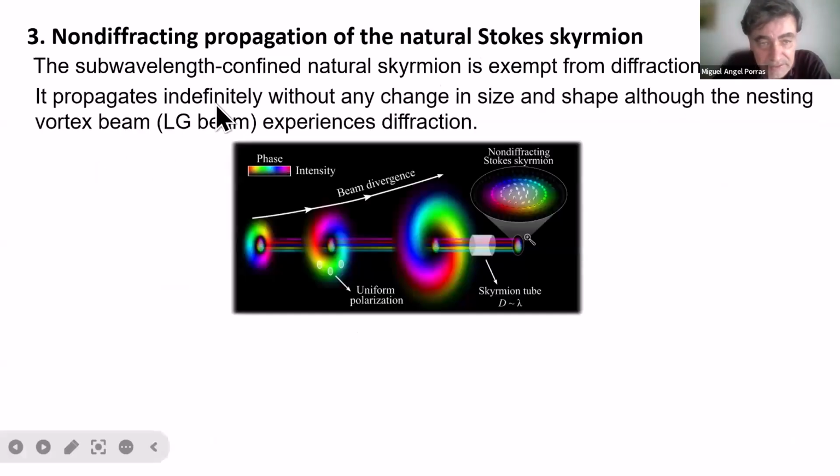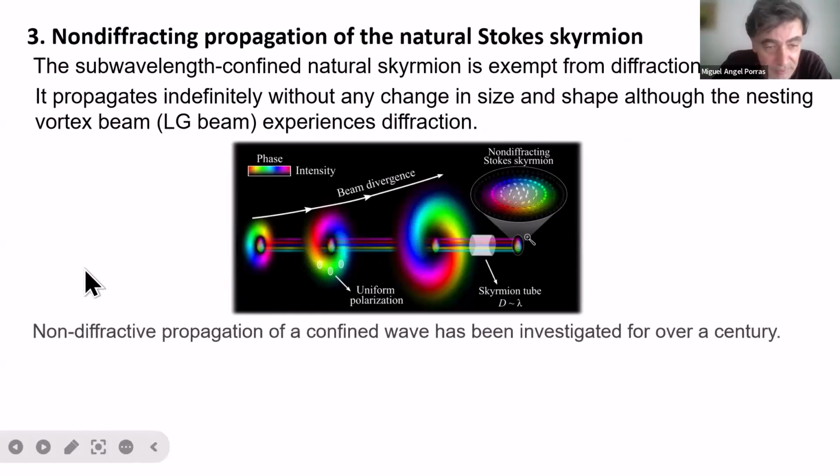It means that it propagates forever, reaching even the far field without any change in size and shape, even if the nesting vortex beam, the Laguerre beam, for example, experiences diffraction spreading, as you can see in this conceptual figure. This is the Skyrmion tube, and this is the Laguerre beam spreading.